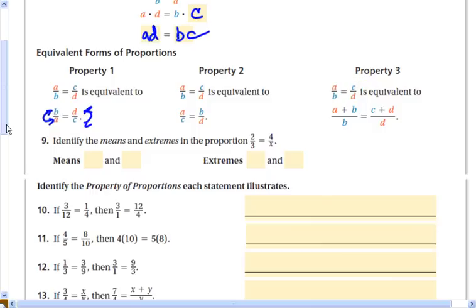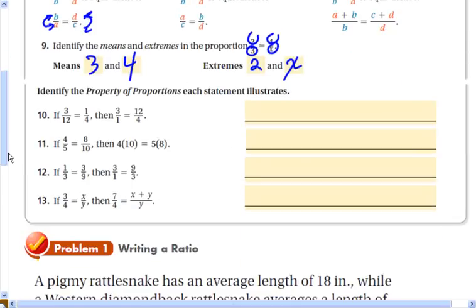All right, so the means are, in this case, the 3 and the 4. And the extremes are the 2 and the x. So, which property do we have here? In the first one, we're just flipping over the fractions. Oh, sorry, we're not flipping over the fractions.